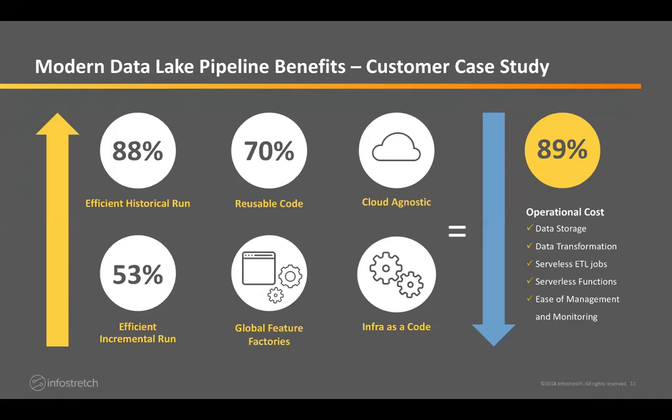With such cloud native data pipelines, we were able to achieve an 88% efficient historical load. Alongside that, our tests also confirmed that in a true production environment, we had 53% efficient incremental runs.